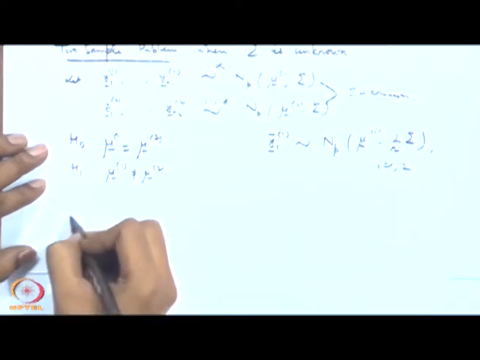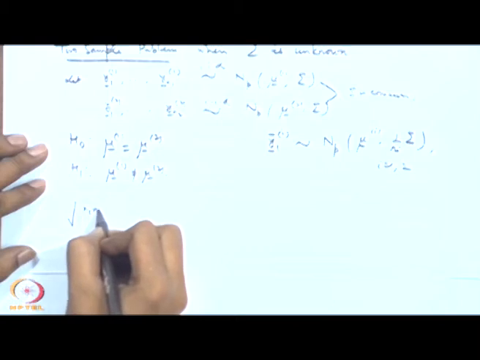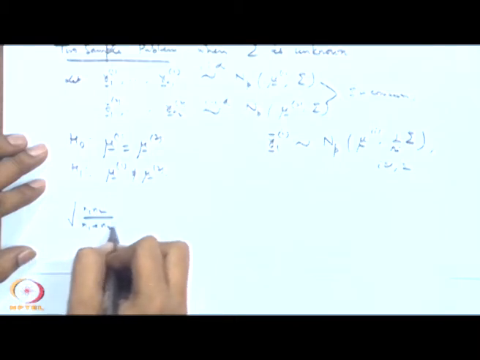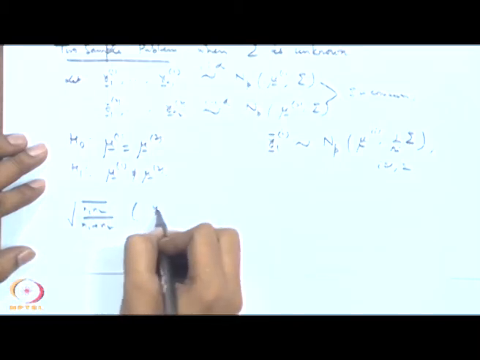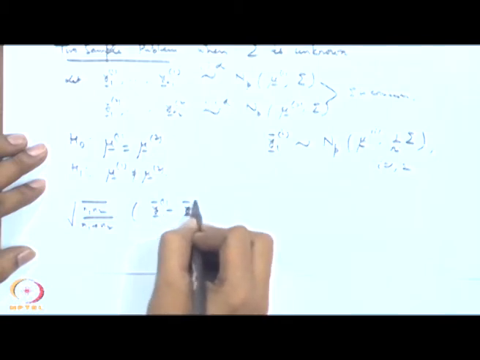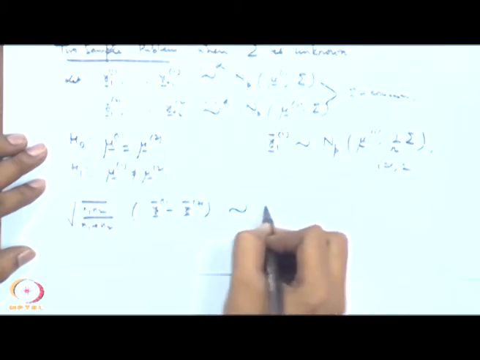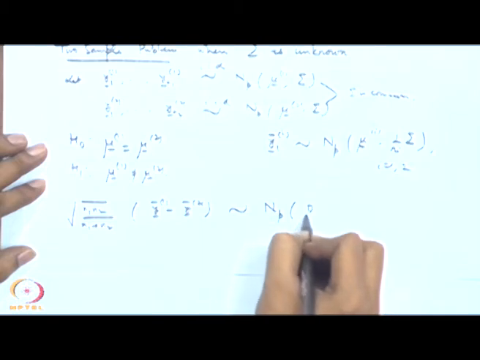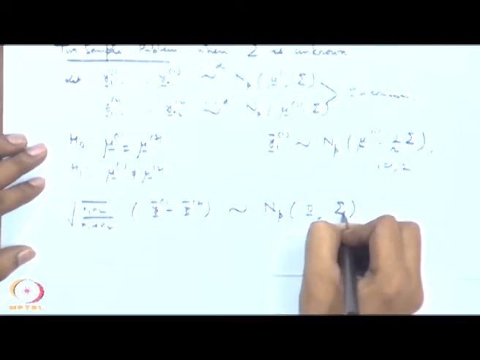So, if I consider the difference, square root of n 1 n 2 by n 1 plus n 2 times y bar 1 minus y bar 2, that will follow N p 0 sigma. Now, in this case sigma is unknown.